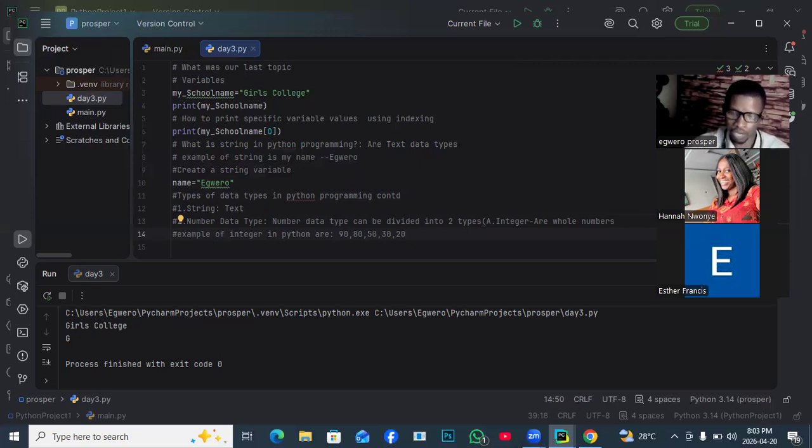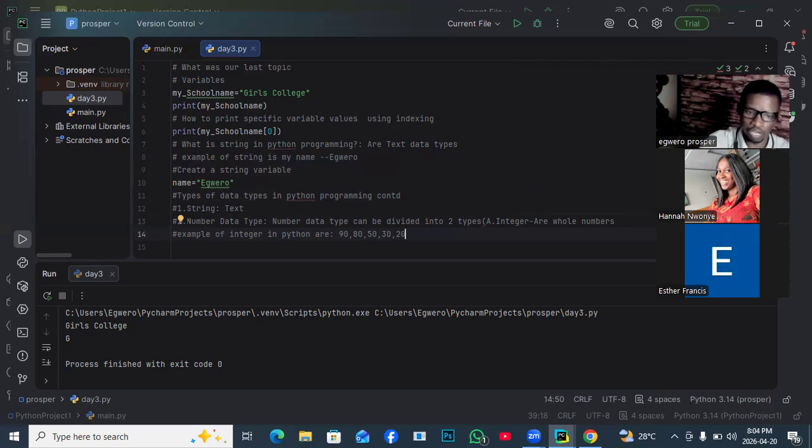So any number in programming that does not have a decimal unit, it is called what? Please, can you repeat that after me? Any number in programming that does not have a decimal unit is called what? Integers. It is called an integer.